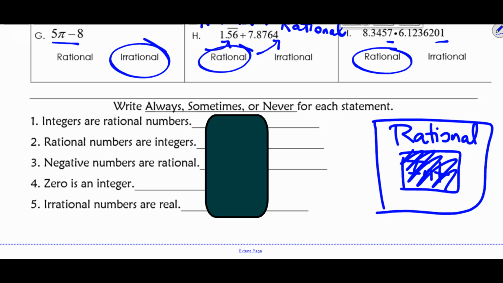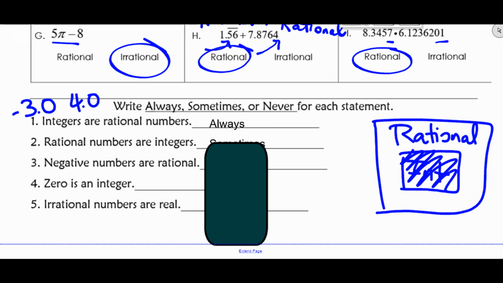For example, negative 3.0. That's an integer. 4.0. That's an integer. Those are both rational numbers. They're decimals that stop, and they can also be written as fractions. That will always happen. No matter what integer you have, it is always going to be rational. The opposite is not true. I can think of an example really easily, 1/2. It's rational, but it's not an integer.